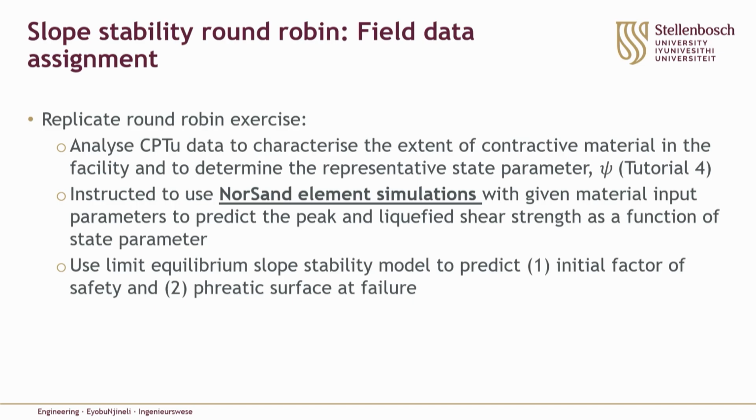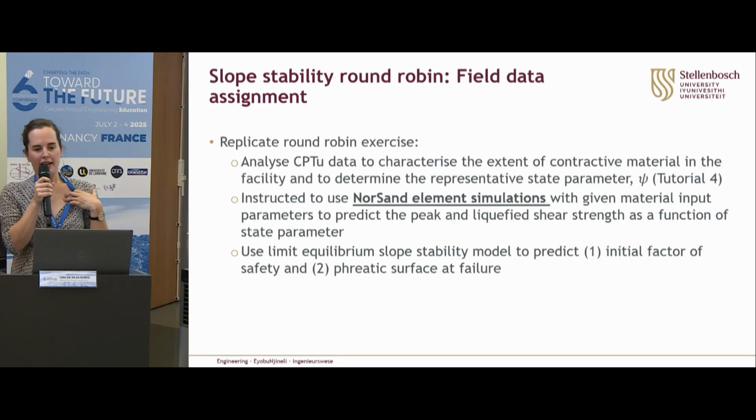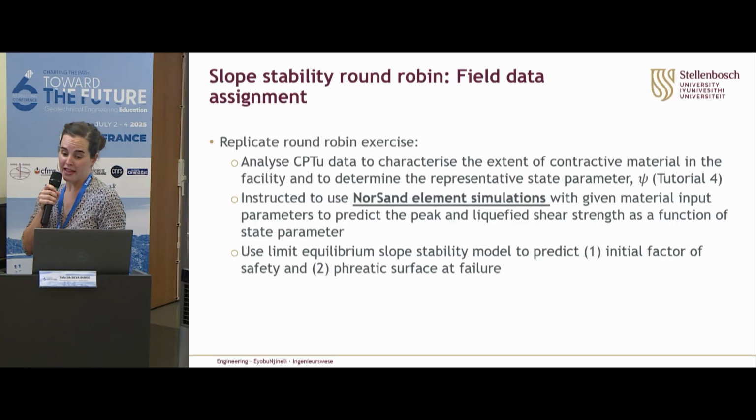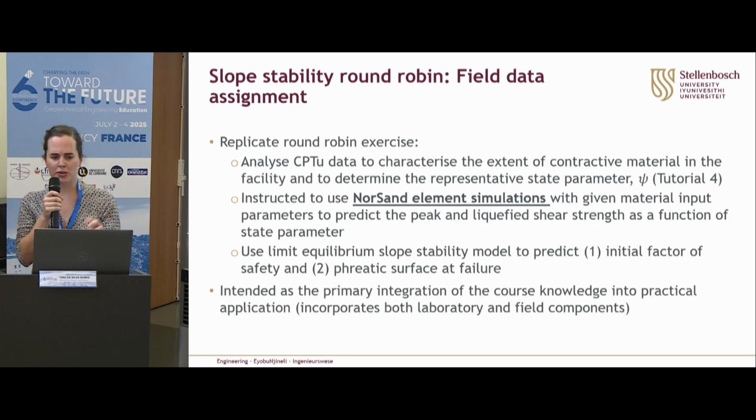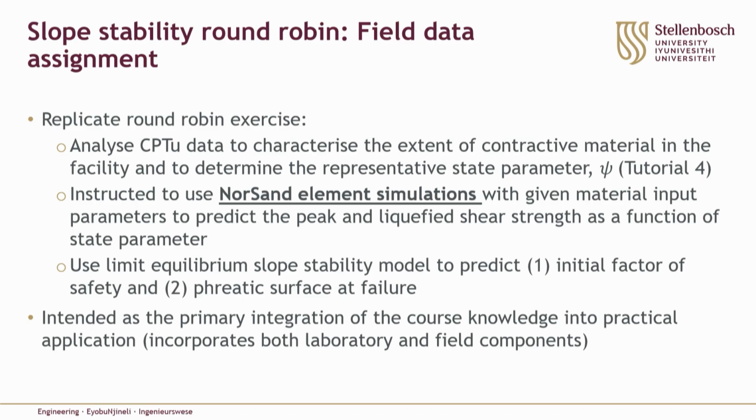They were instructed to use a specific screening tool and to do north sand element simulations, and then to determine the factor of safety and the phreatic surface at failure. And this was intended as the primary integration of the course knowledge.